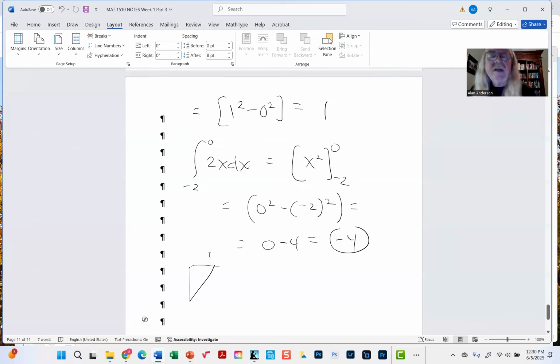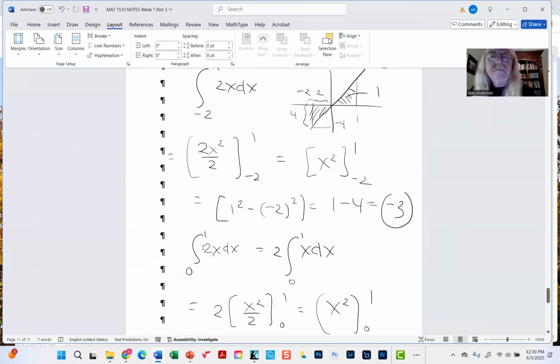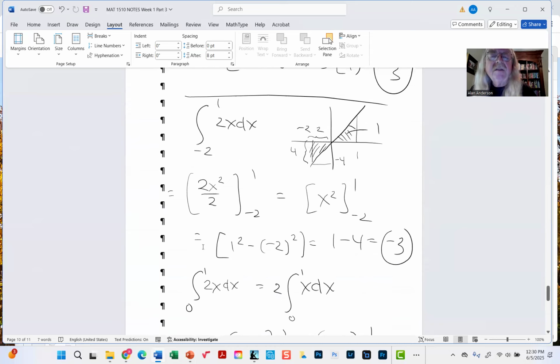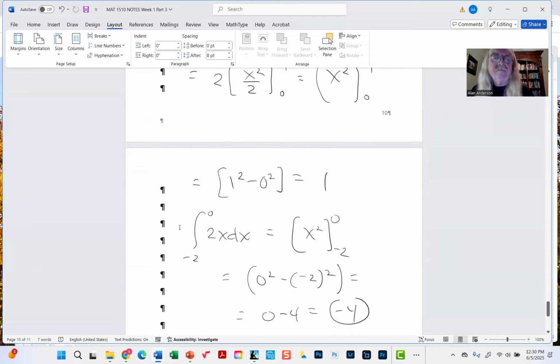This one happens to have a height of four, even if it's upside down, and the base is two.